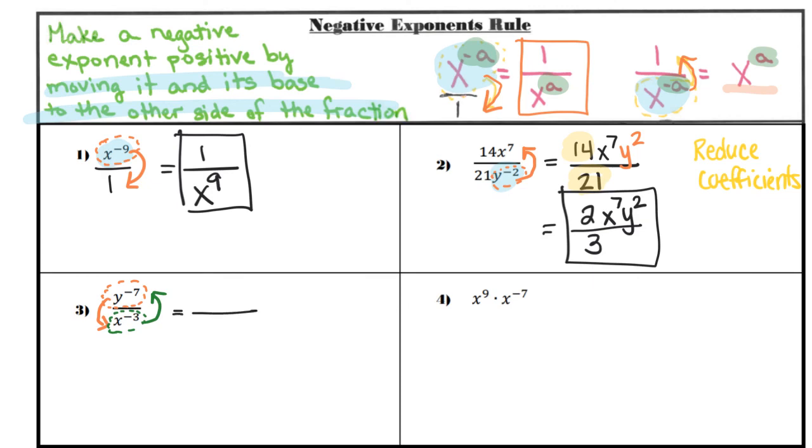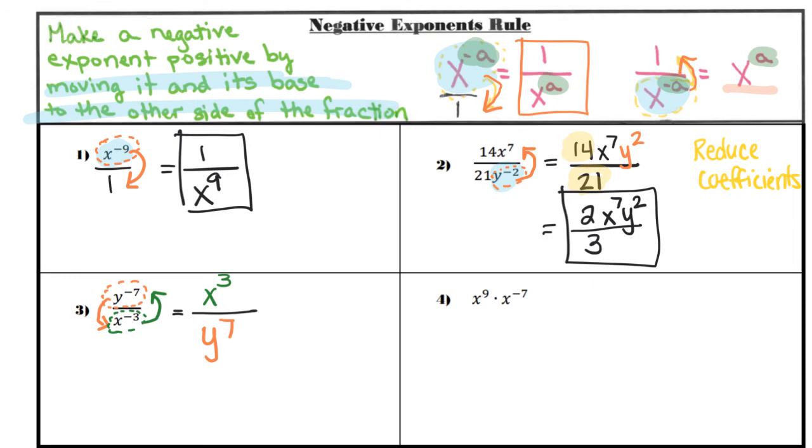The first move, that y to the negative 7th, I'm going to move from the numerator to the denominator. And then by making the move, I'll get a positive 7 for the exponent. Now that x to the negative 3rd will move from the denominator up to the top in the numerator, and notice the exponent will become a positive 3.